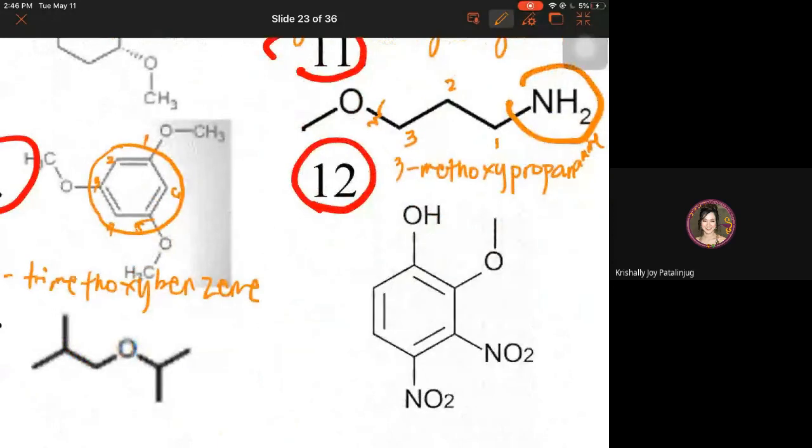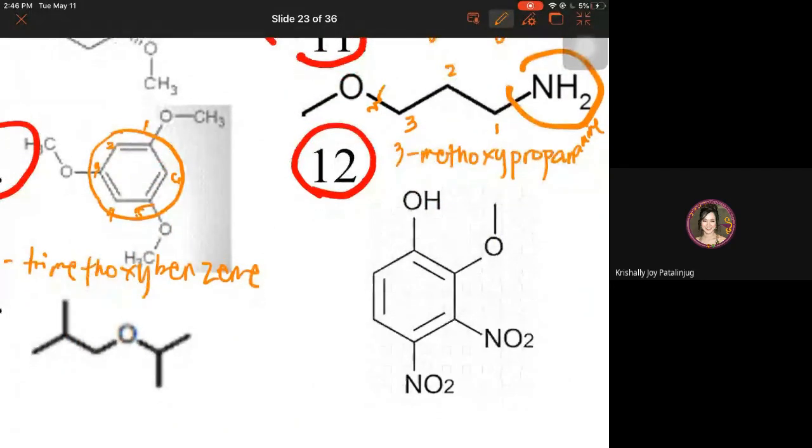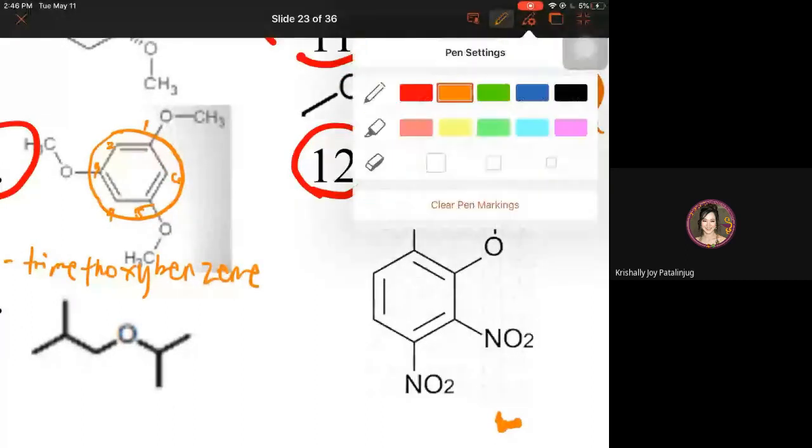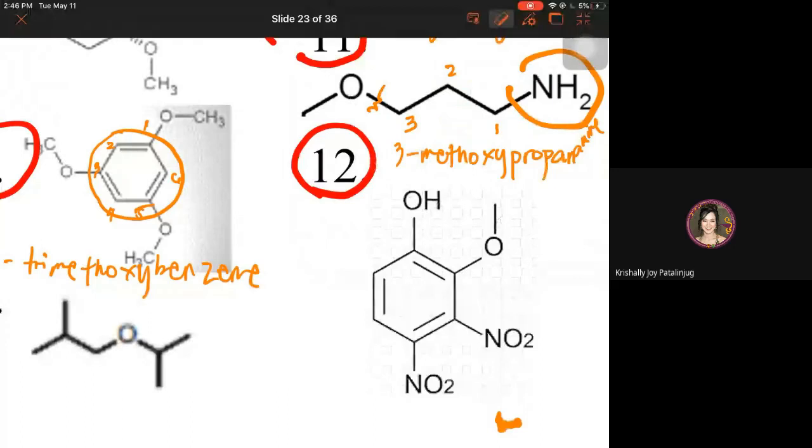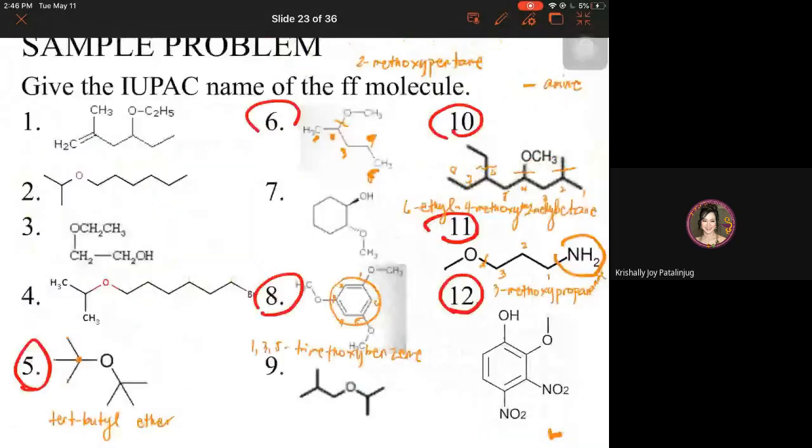Okay, lastly, you have benzene ring. Okay, benzene ring. So, the parent is benzene. Okay, sulat na to. Hoy, di ma-erase. Di siya ma-erase, guys. Ayun. Okay, benzene as the parent.